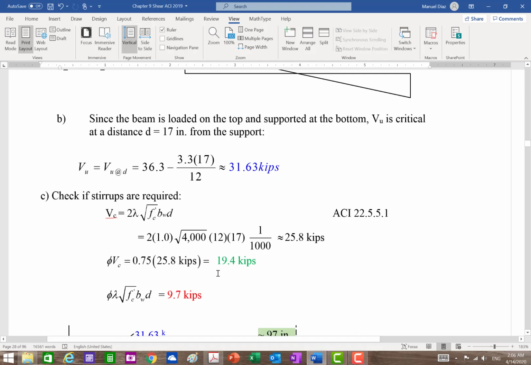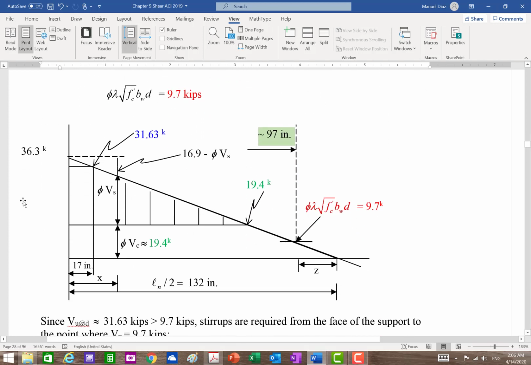You use the second equation, that will not happen. All right, so what do we have so far? Reaction, 36. Shear at the distance d, 31.63. Okay. Phi V sub C, that's how much the concrete can carry, 19.4. This limit, 9.7. The code says you have to put a stirrup between this point and this point. So I need to find what that number is, right?